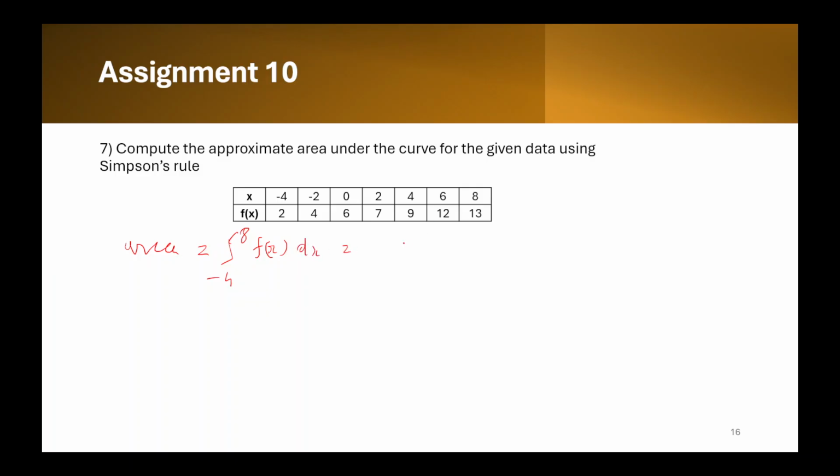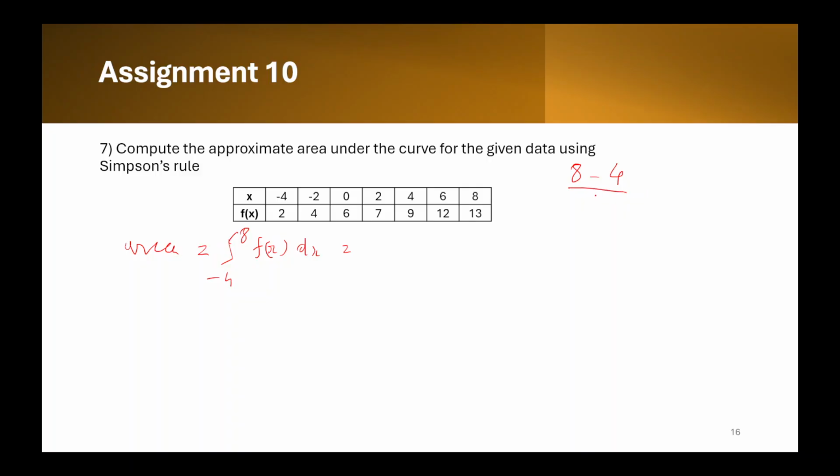That will be, you need to compute h again. So the number of data points is 1, 2, 3, 4, 5, 6, 7. You can apply Simpson's rule. And the number of intervals will be 7 minus 1, 6.